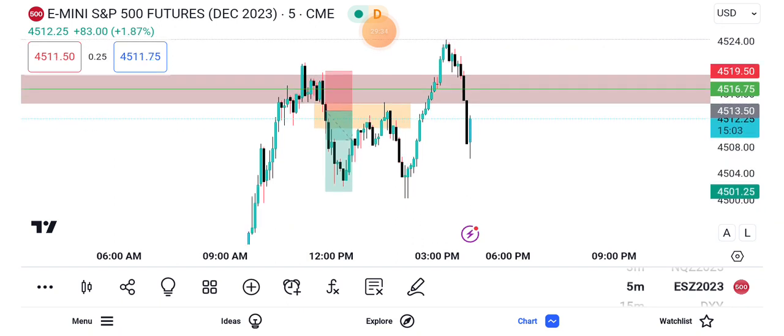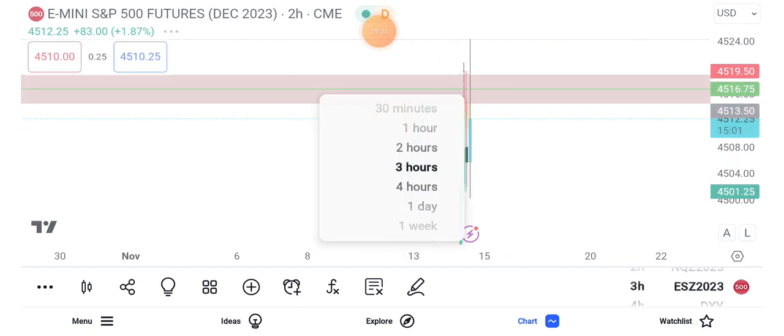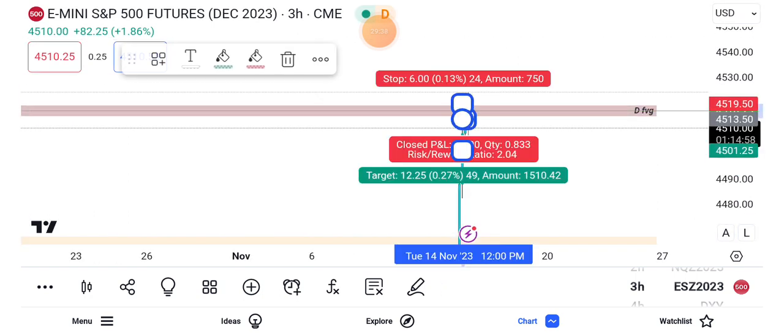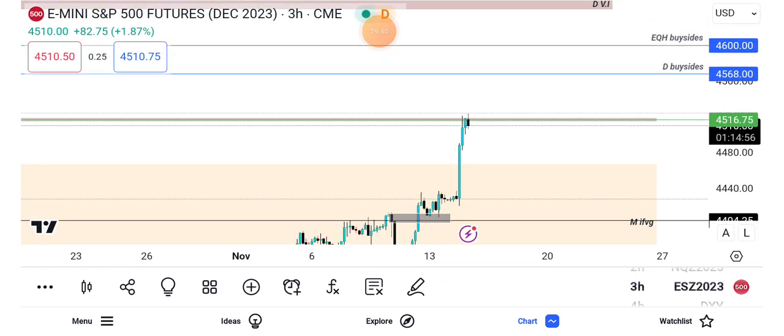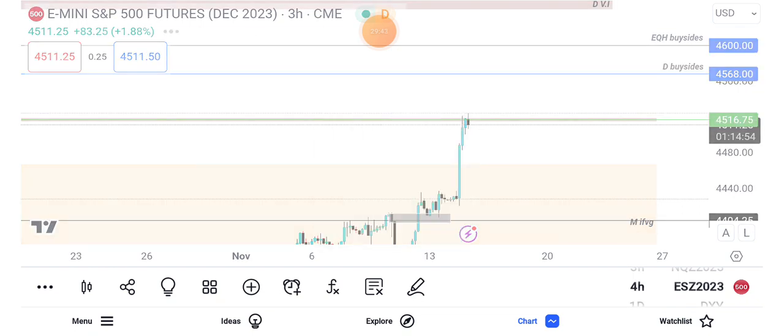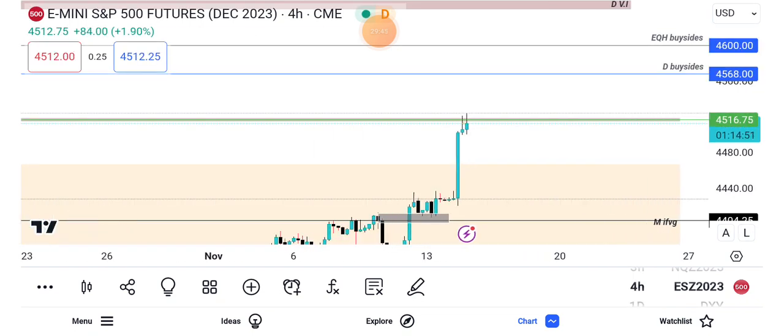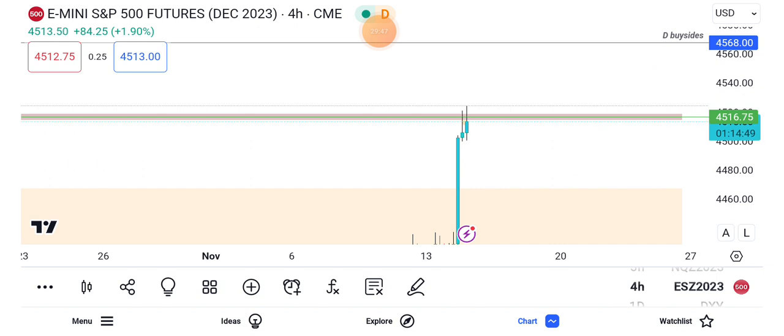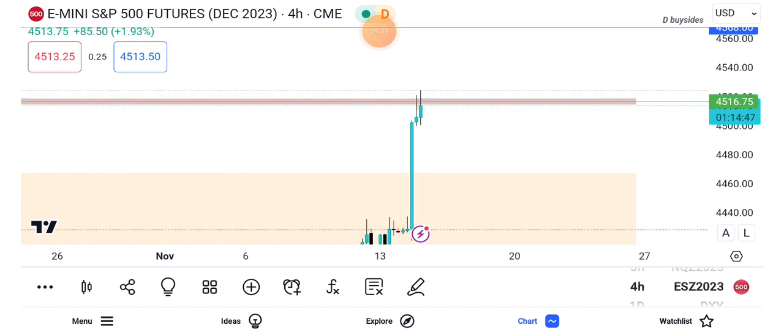Since tomorrow we are bullish, let me clear these things and make the charts. So tomorrow I want to see how the candles play overnight.